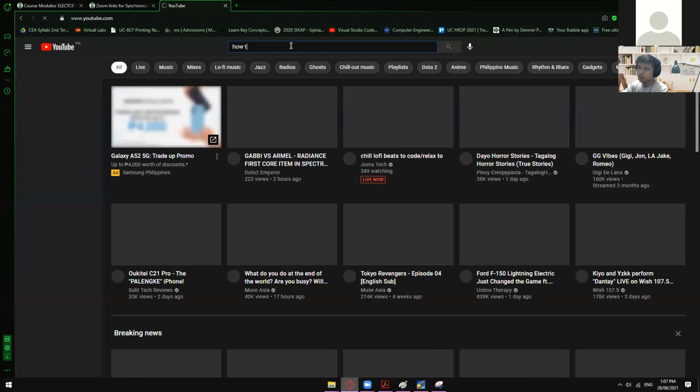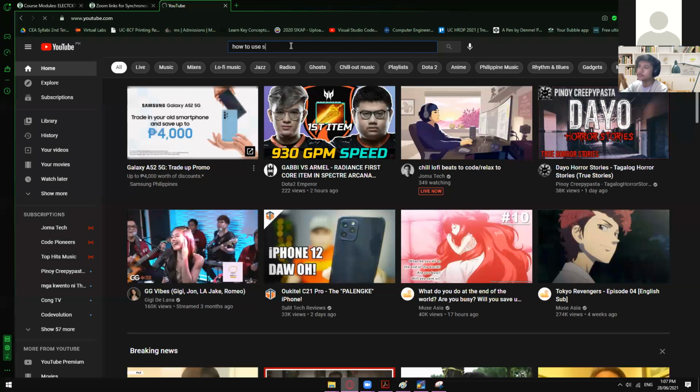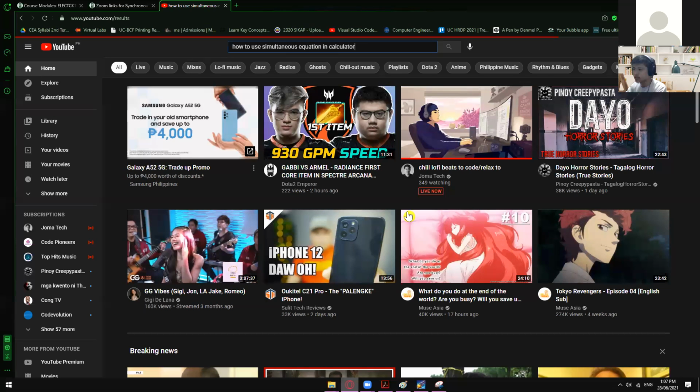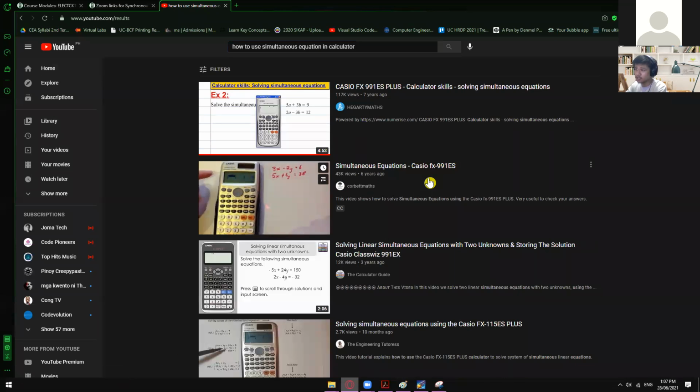So how to use simultaneous equation in calculator. Of course we have different versions of calculator. Just find a specific version of your calculator. So you can find here the 991ES or the 991EX, which is the one that I have with me right now. So let's go over with this one if you have this kind of calculator.